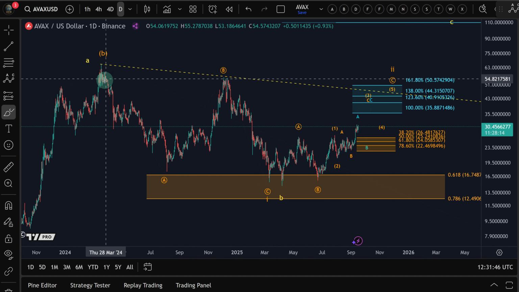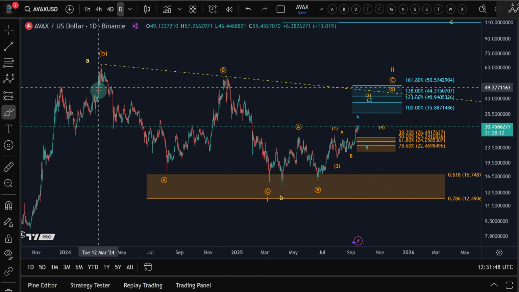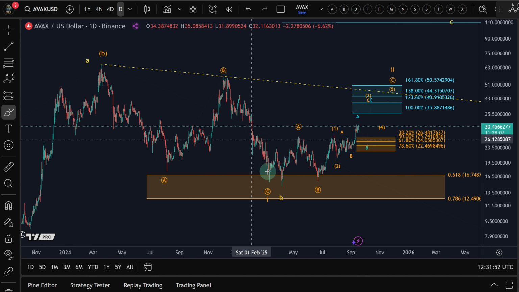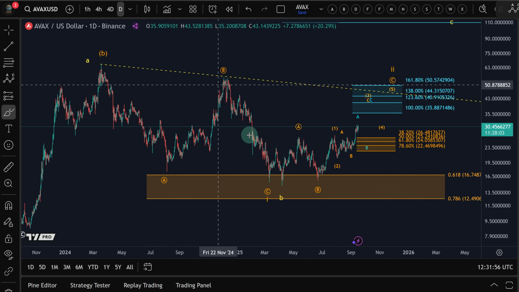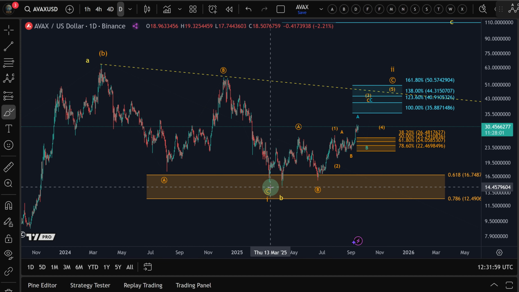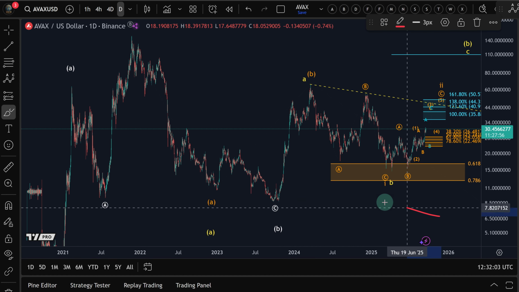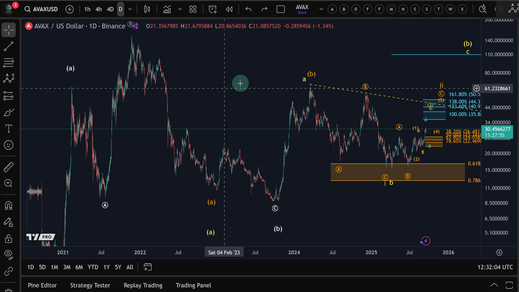The only reason I'm looking for higher is because it's a three-wave move down. And that's how Elliott wave helps us here, because any three-wave move is not a clear indication of trend. I'm rather aware of the overall risk based on the larger context of this chart that we've gone through in previous videos. But I think for now, the momentum is up.